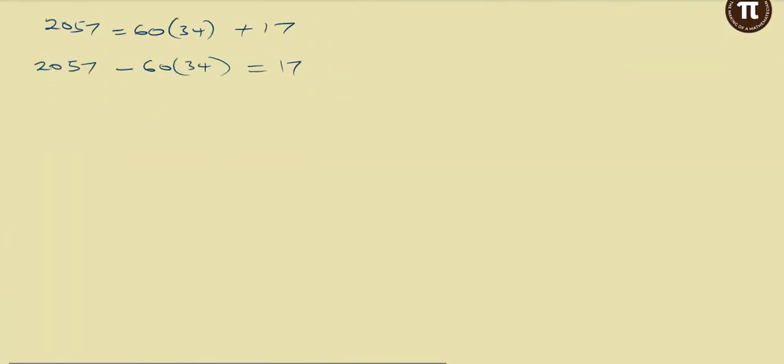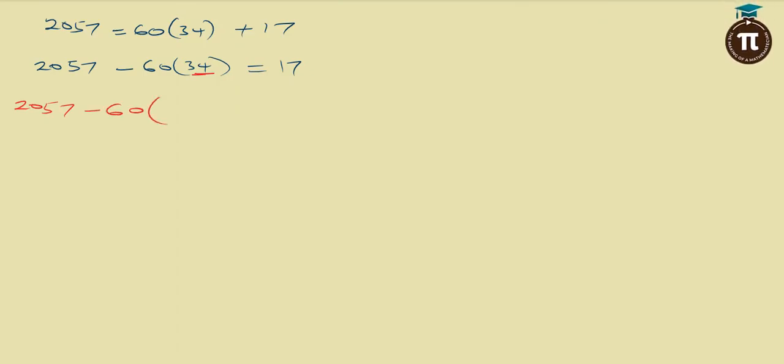So look at where I'm going to do. You see this is 34 here. I'll substitute it. I have 2057 minus 60, then the 34. According to what we have above, we have 4148 minus 2 times 2057 is equal to 17.